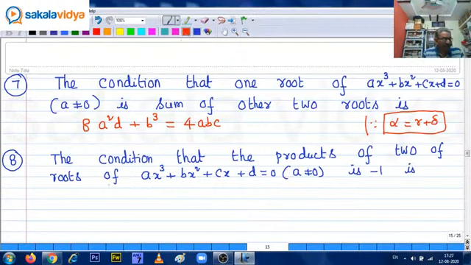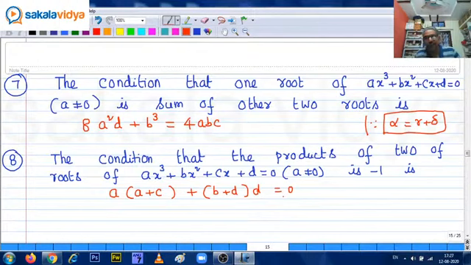This can be remembered like this: a times (a plus c) plus d times (b plus d) equals 0. This you can remember like this.